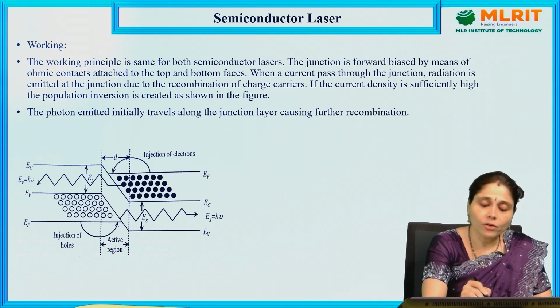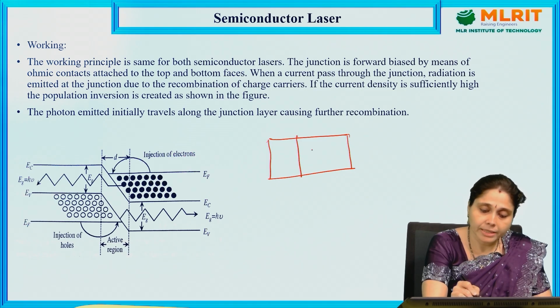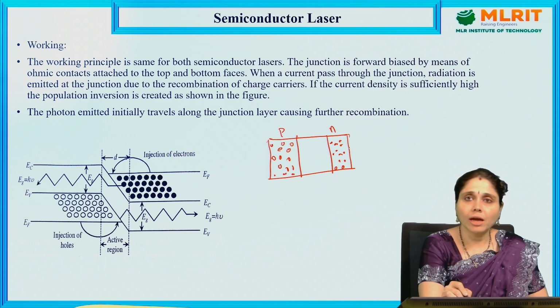What do you mean by forward bias? First, suppose this is a semiconductor p-n junction diode, which has P and N. P has holes, the majority charge carriers are holes, and in n-type the majority are electrons.